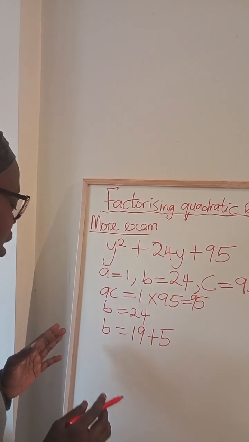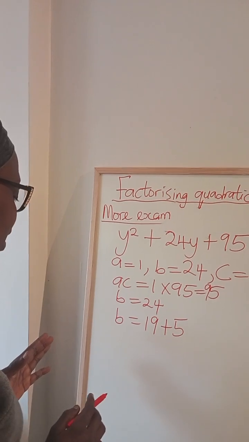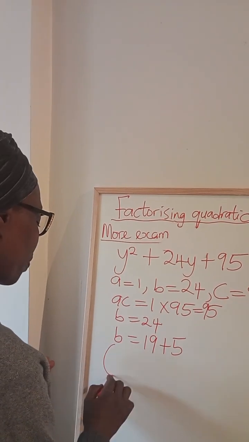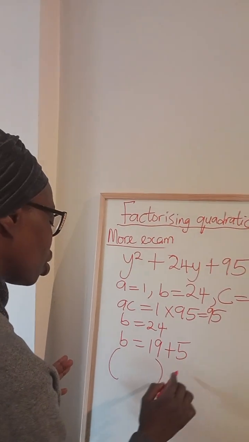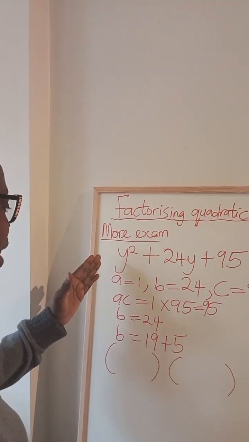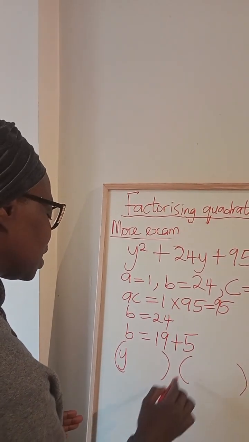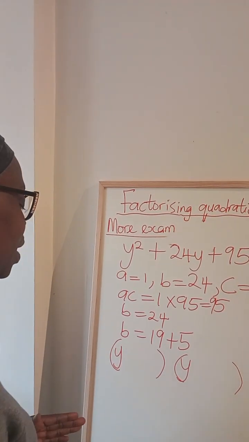The new technique I was speaking about is to open and close a bracket, and open and close another bracket. The variable here is letter y. Write y in the first bracket, y in the second bracket.